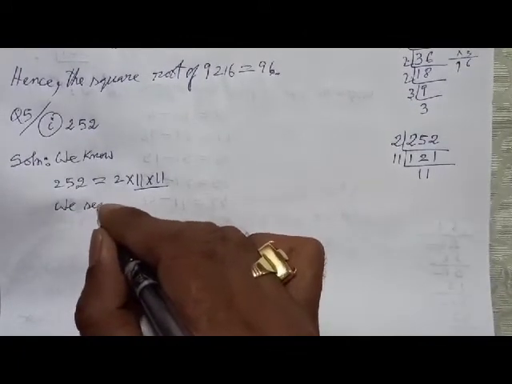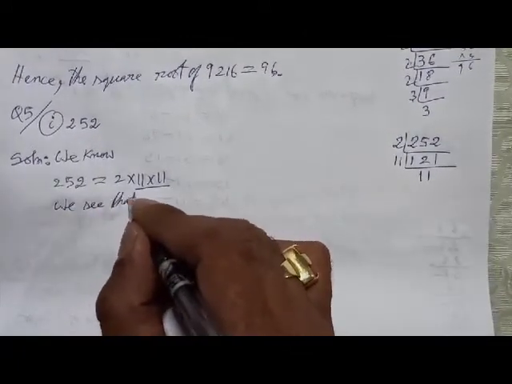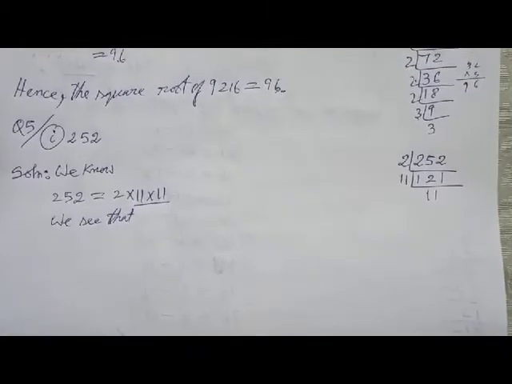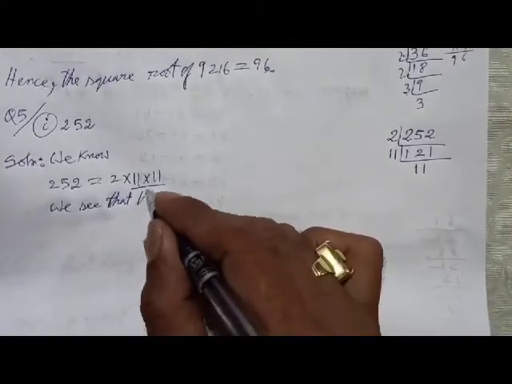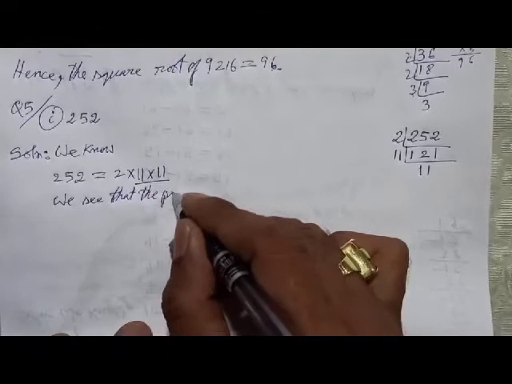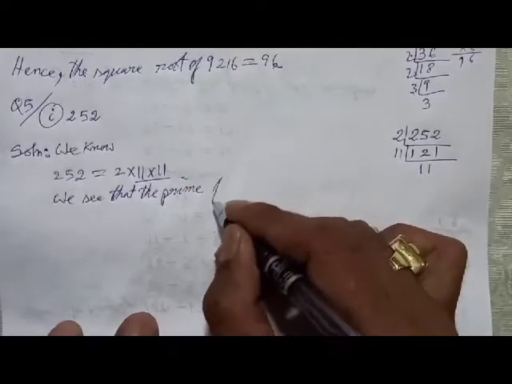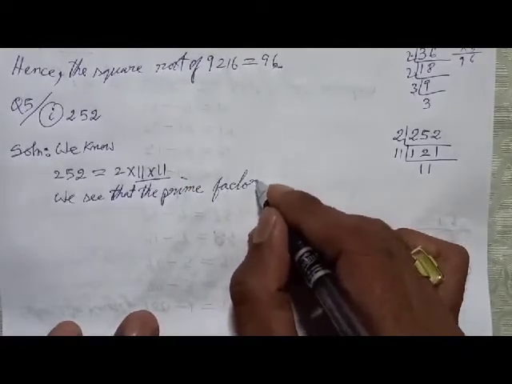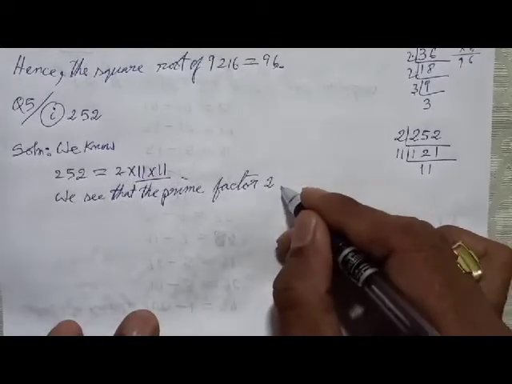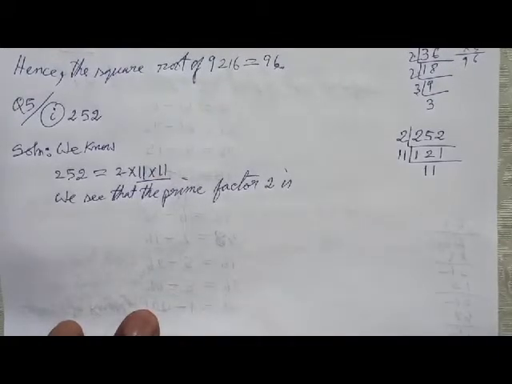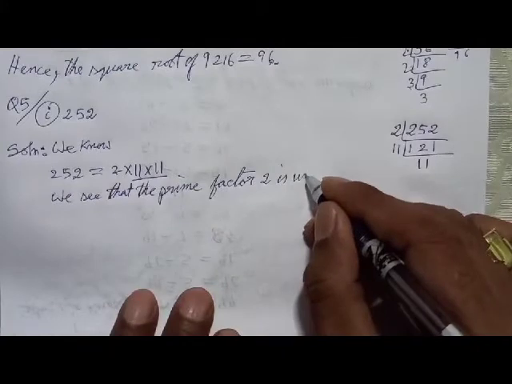We see that the prime factor number 2 is unpaired.